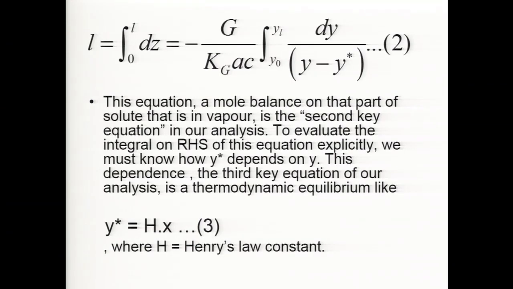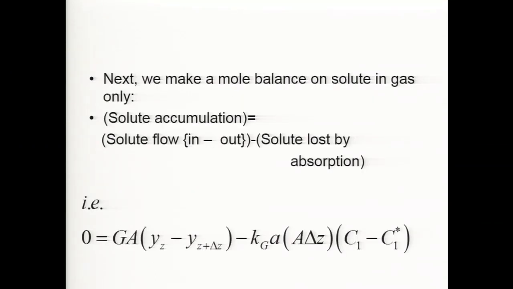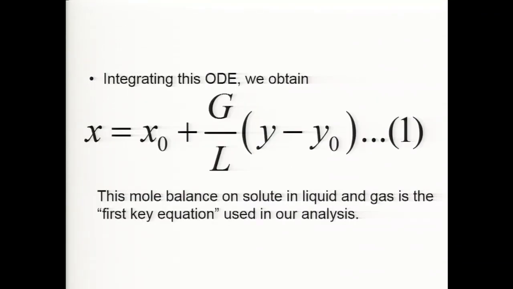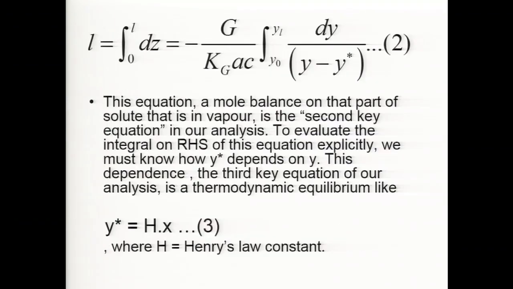Y star equal to Hx is Henry's law. So Y star will be H times X, where X is X0 plus G by L times (Y minus Y0). So we managed to get X in terms of Y and therefore Y star in terms of Y. So we plug it in here and then integrate. Maybe I'll leave it to you to work out at home, and in the next class we'll finish this. Okay.